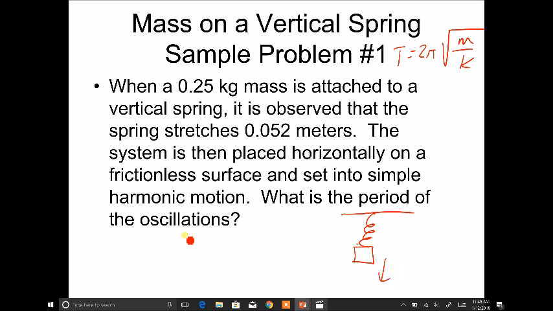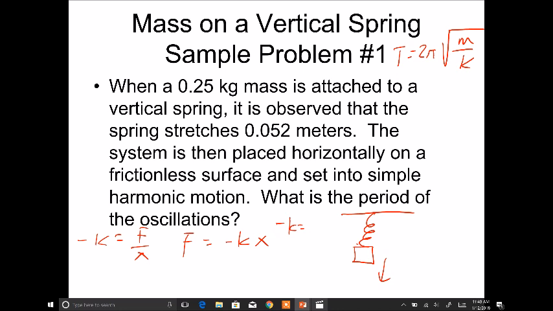Using that and Hooke's law, F equals negative kx, we can calculate K. So let's solve that out for K. Negative K is going to equal F over x. Plug in our variables. Negative K is equal to the force, which here is the weight of the mass.